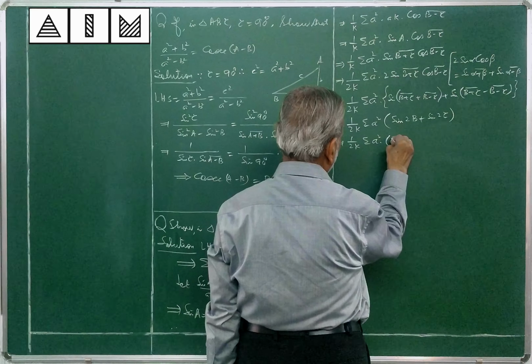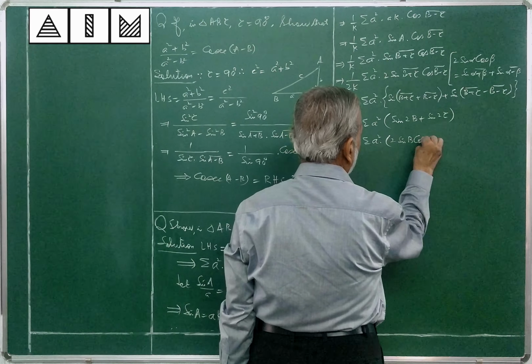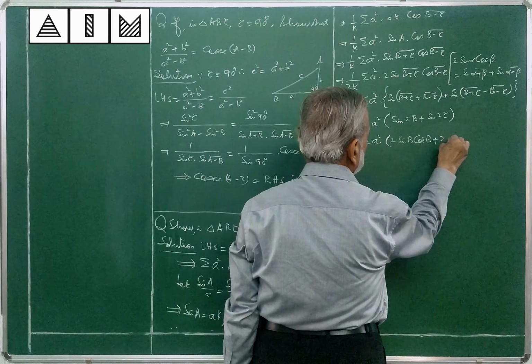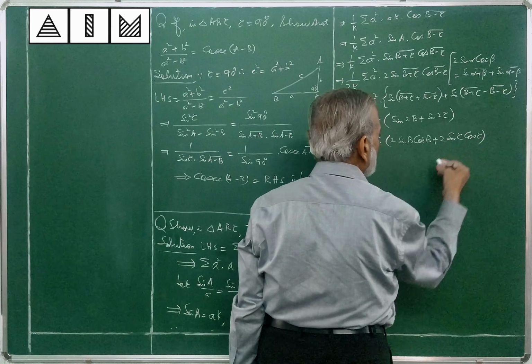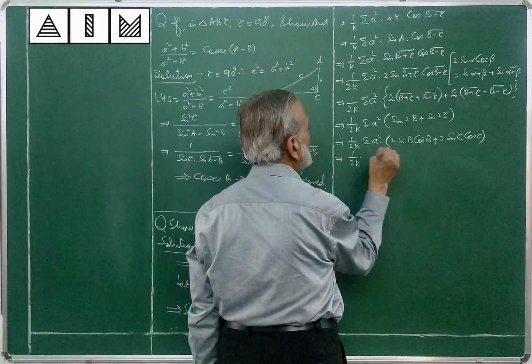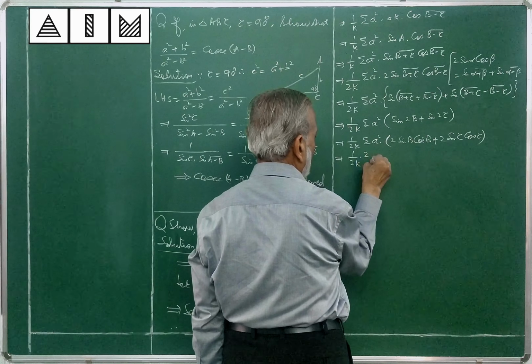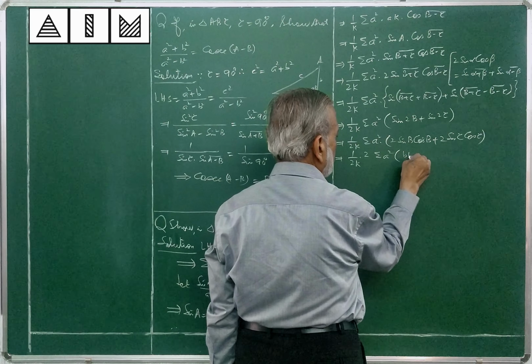Sin 2B, there is a formula in multiple angles, 2 sin B cos B. Similarly, 2 sin C cos C. Two is common. Sin B is bk.